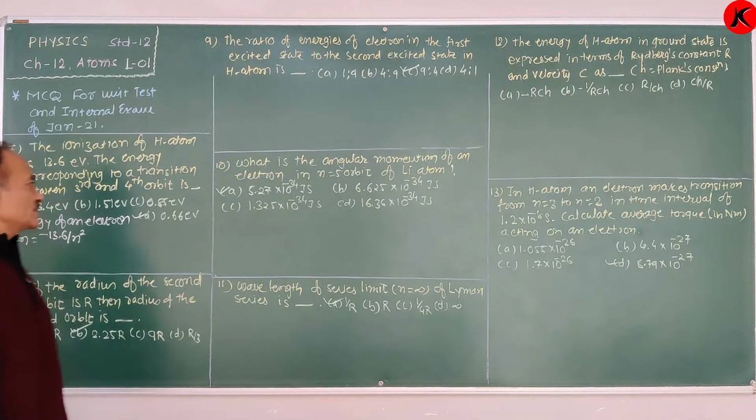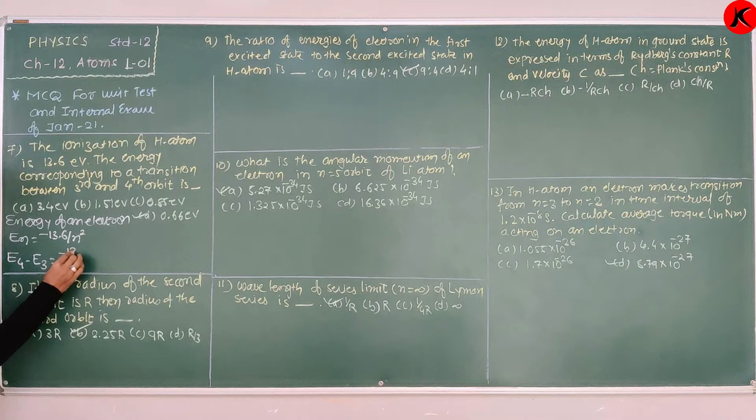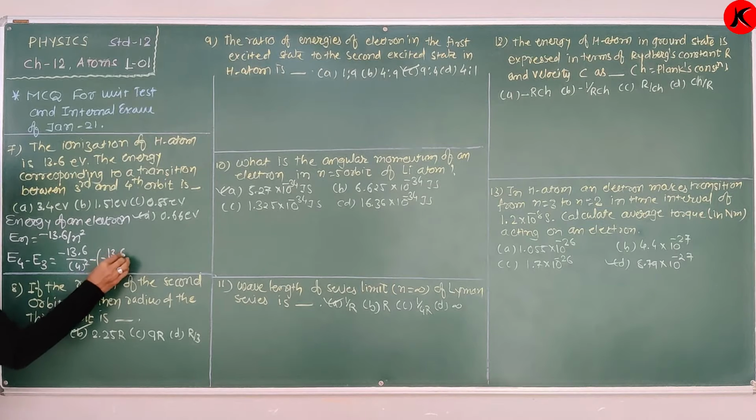When the electron makes the transition from third to the fourth orbit, the energy difference E4 minus E3 is equal to minus 13.6 upon 4 square minus (minus) 13.6 upon 3 square.